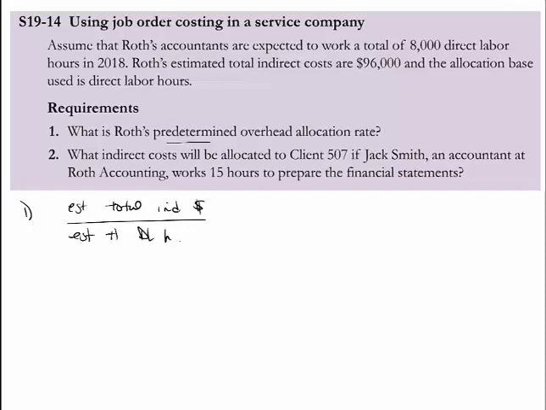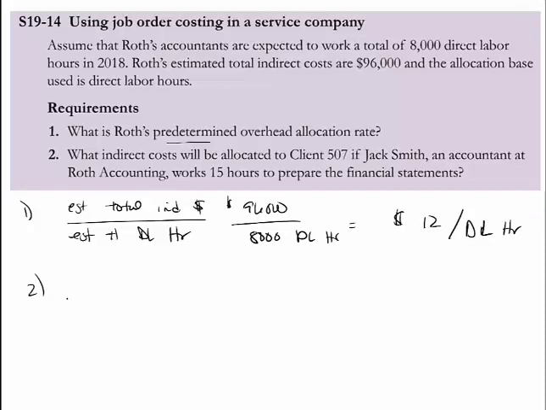I think, yeah, we're doing direct labor hours in this one. So if we anticipate $96,000 in indirect costs and we anticipate 8,000 direct labor hours, we're going to apply this at a rate of $12 per direct labor hour. So for every hour somebody works on a job, we're going to assign $12 in indirect costs as well.